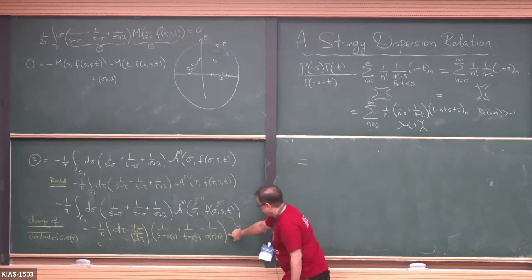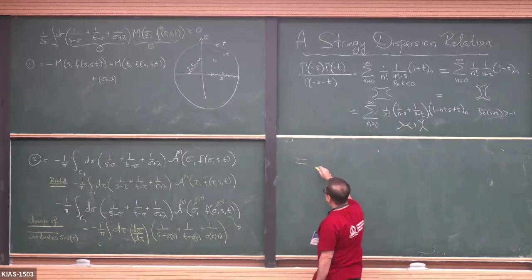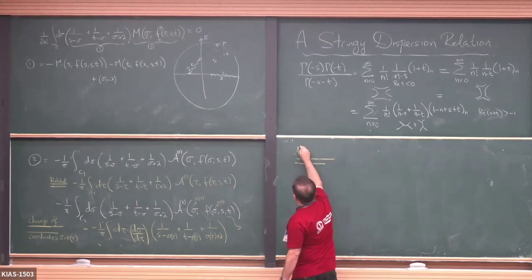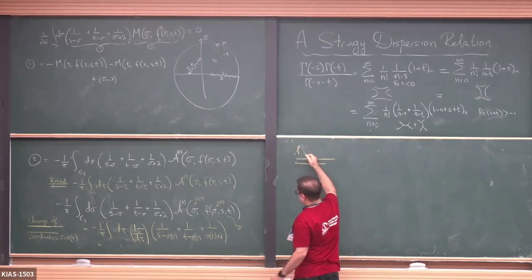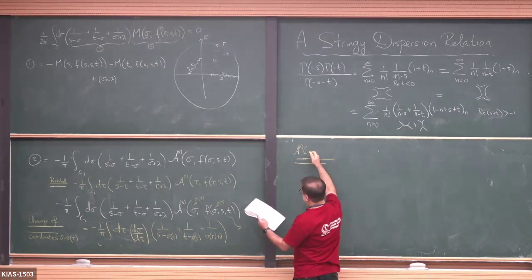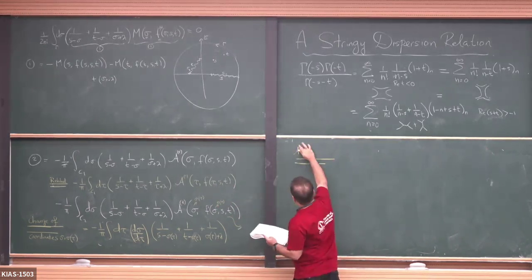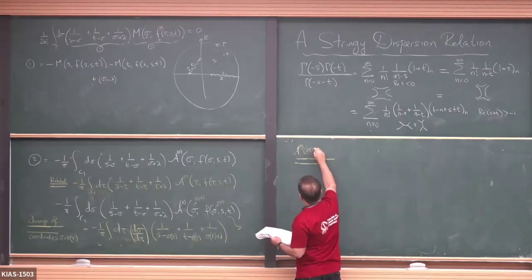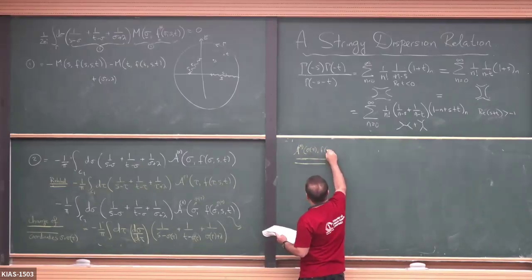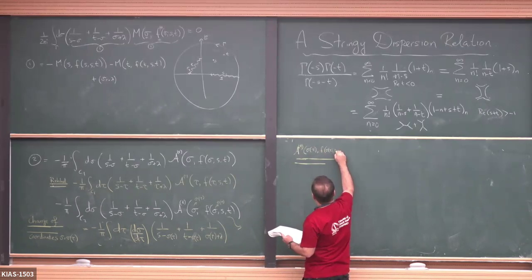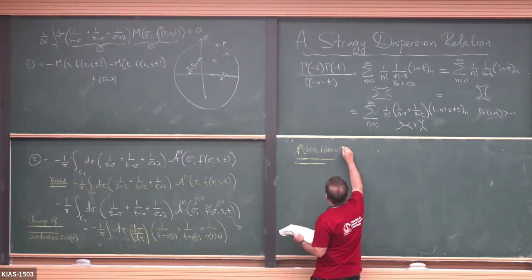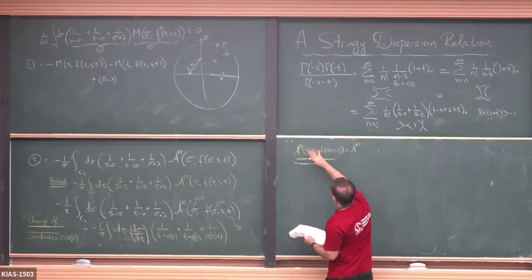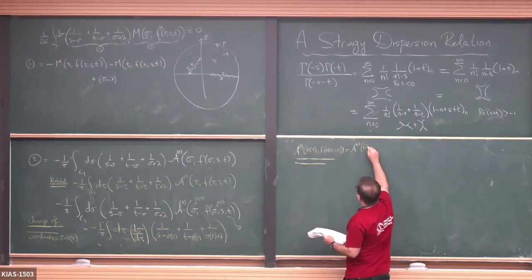So now use the fact that AT of sigma as a function of tau is AS, and now we swap the variables.